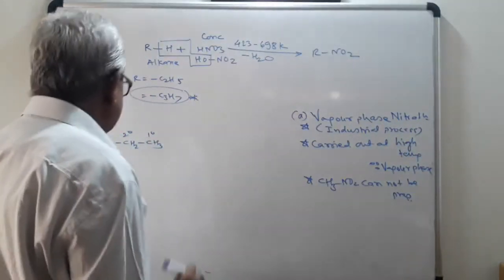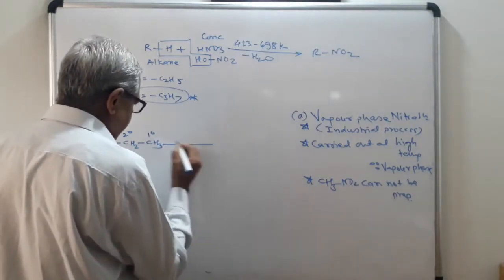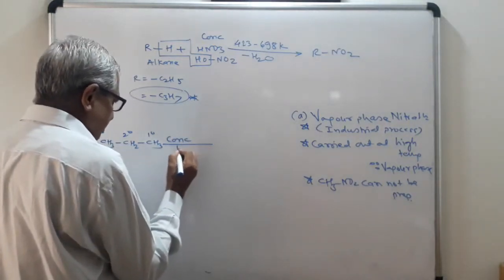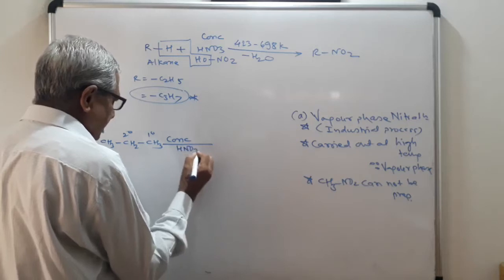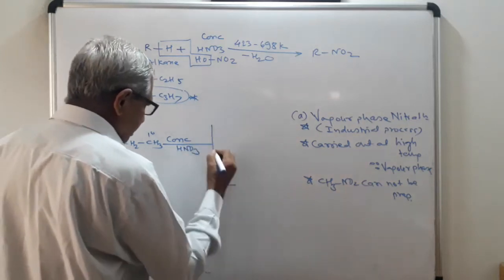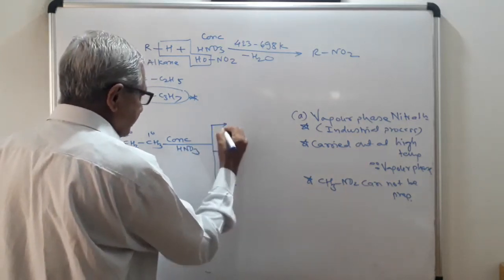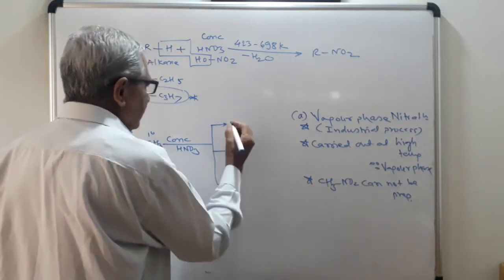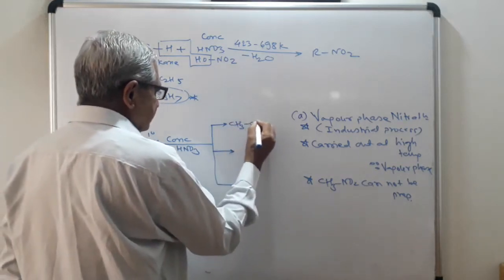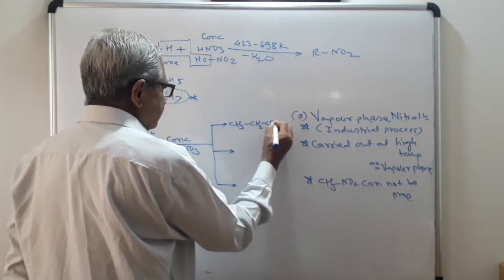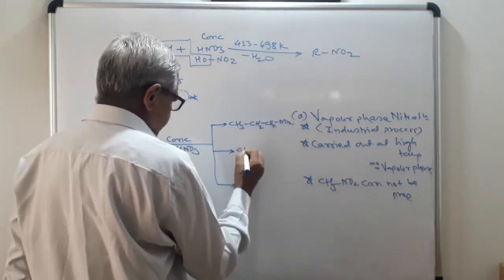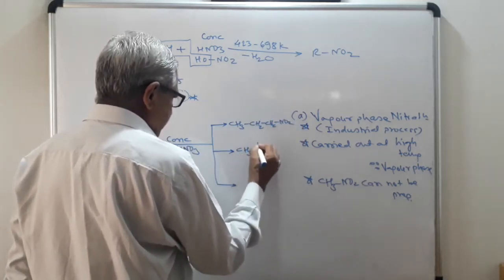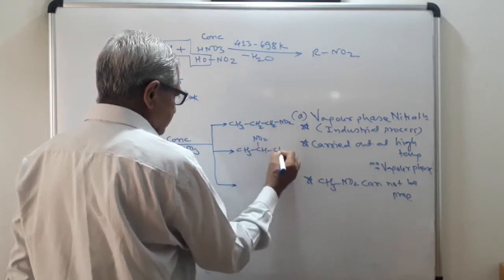According to this principle, when you will do the reaction with concentrated HNO3, you will get here the 3 different products. Now see, the first product is like this: CH3, CH2, CH2NO2. Second product is like this: CH3, CHNO2, CH3.